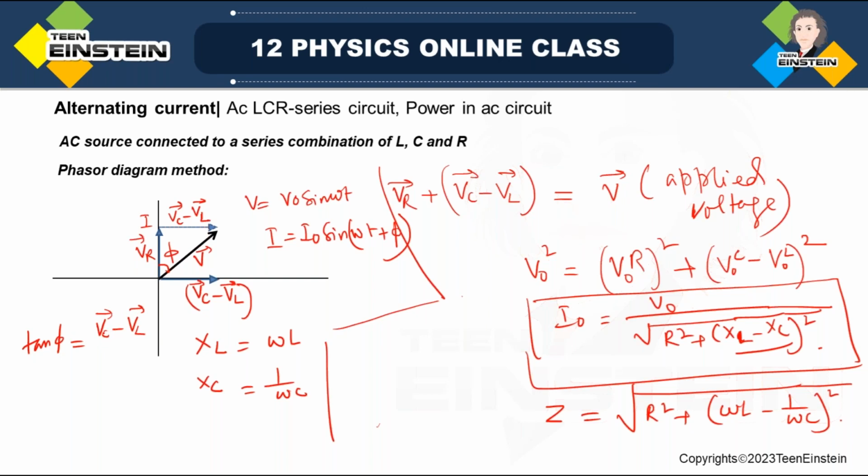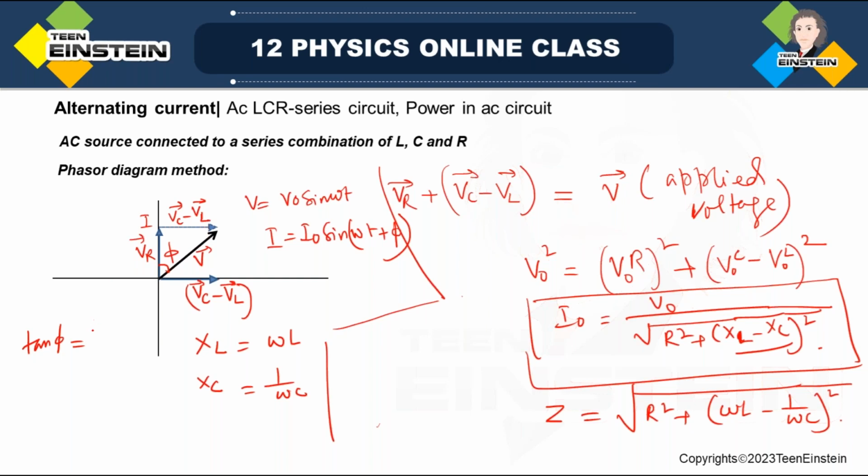I should not write it in terms of vectors; these are voltages, so I can just take the magnitude.